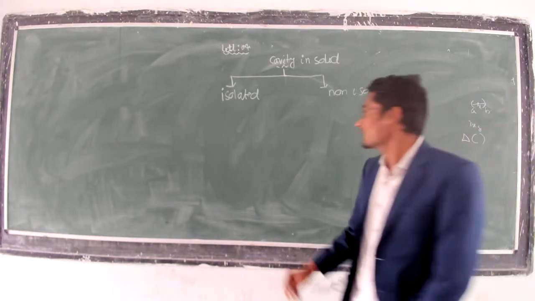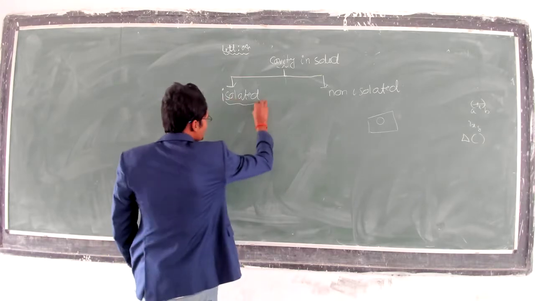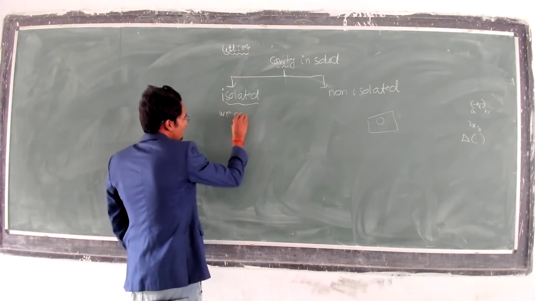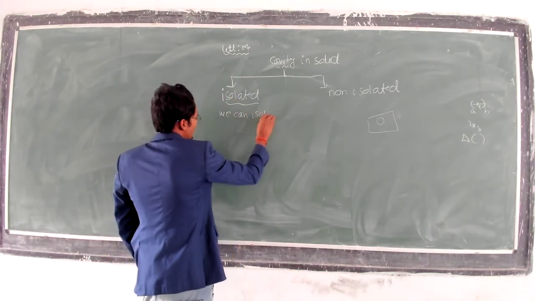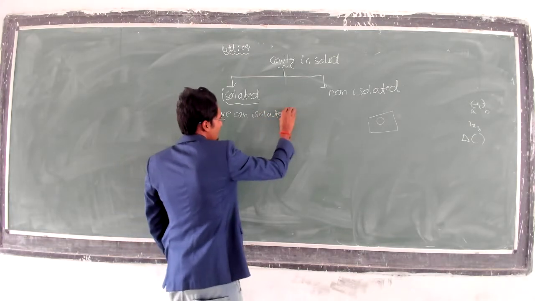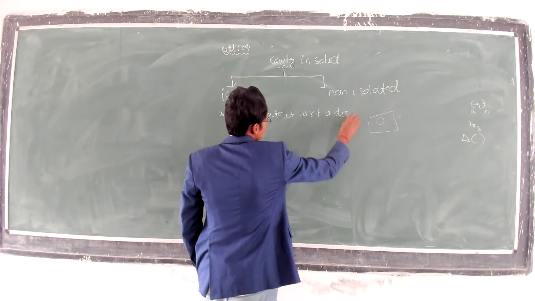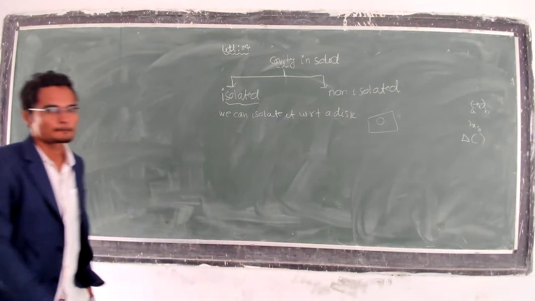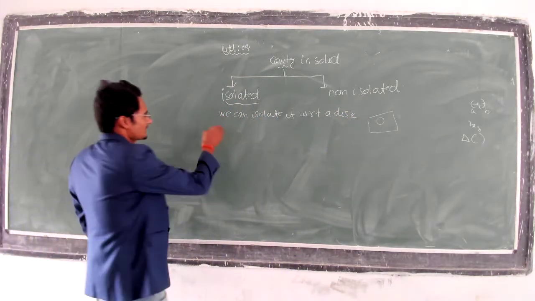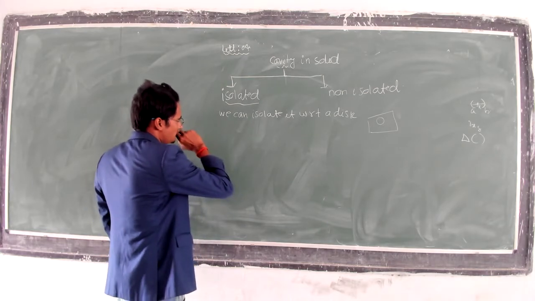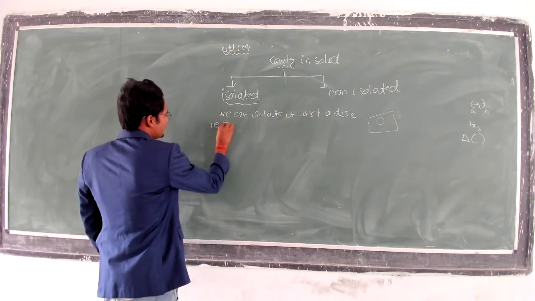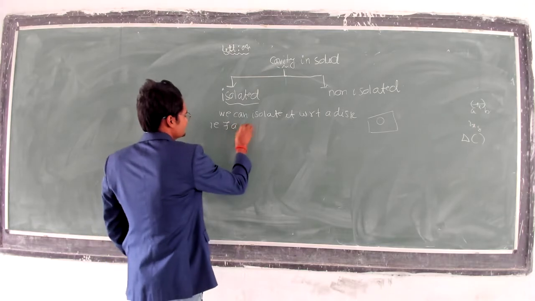So isolated cavity means we can isolate it with respect to a disk. What is the meaning? Suppose there exists a disk.